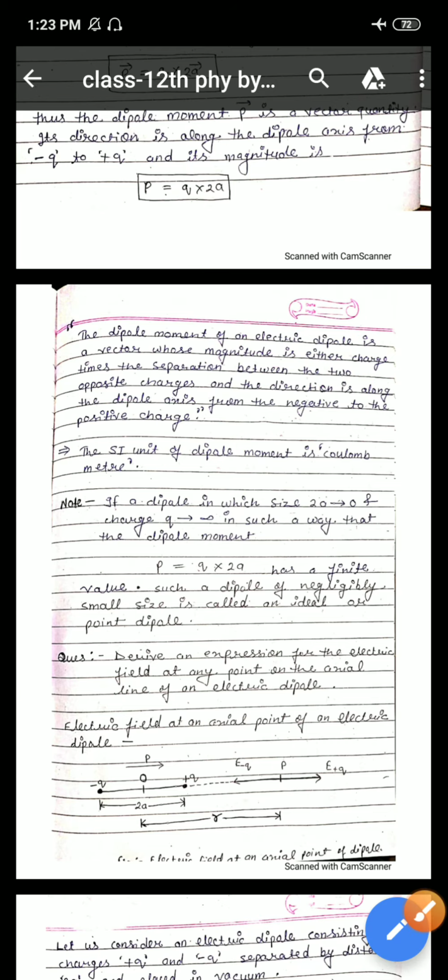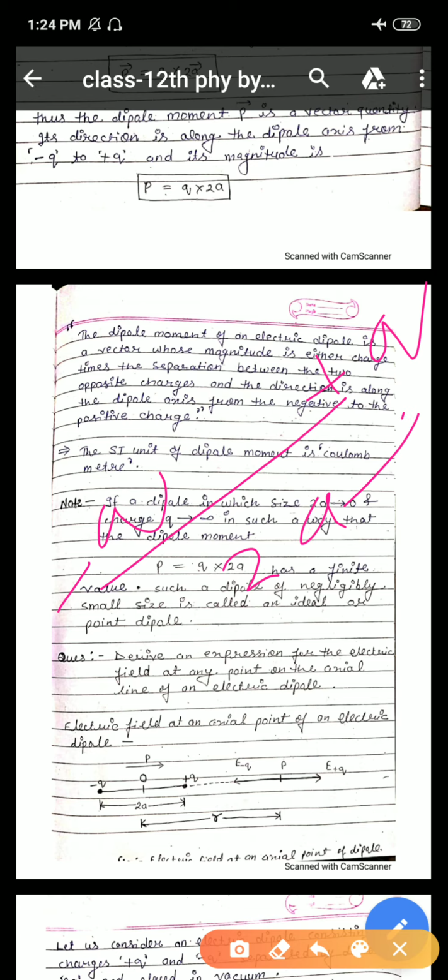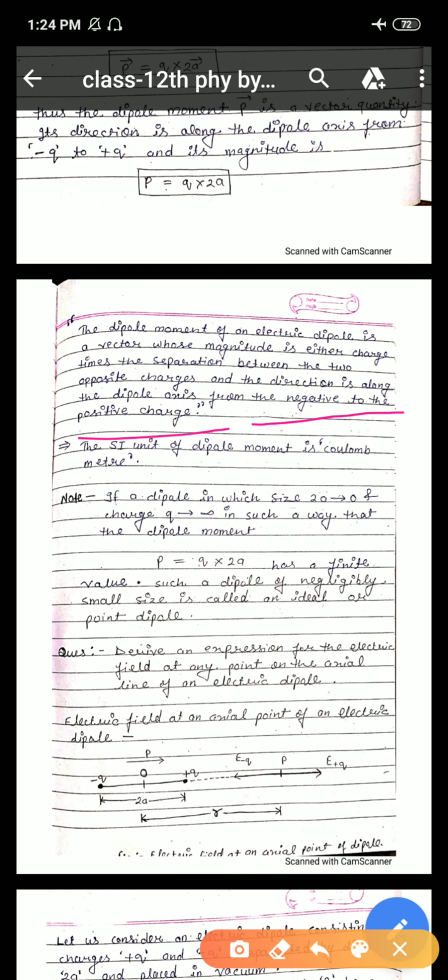The separation between the two opposite charges is 2a, and the direction is along the dipole axis from the negative to the positive charge. Suppose this is the dipole, this is the minus q and this is the plus q charge, and the separation is 2a. Then the direction of the dipole moment p is from negative to the positive charge.